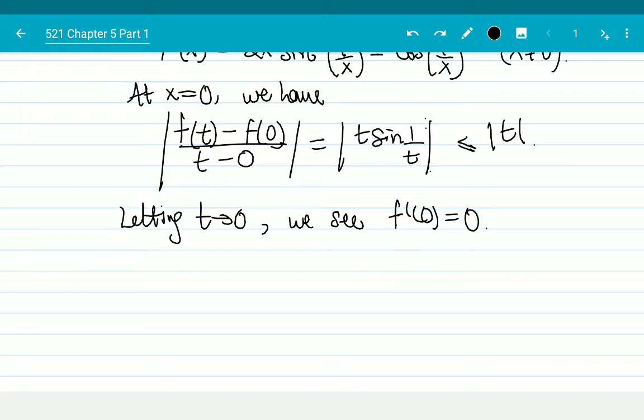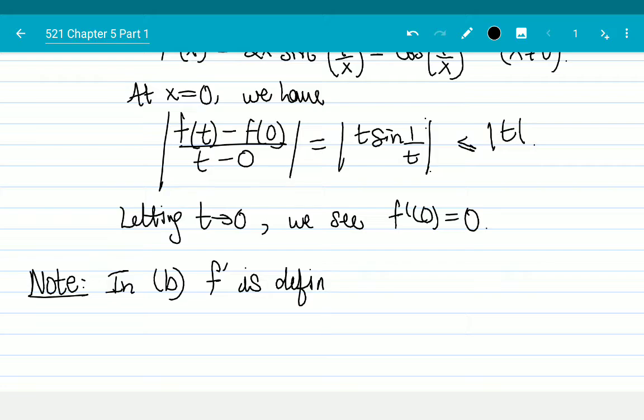Note, in B, in the example, f prime is defined everywhere, but not continuous.